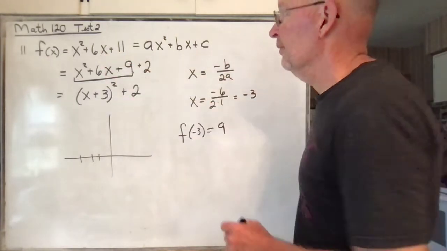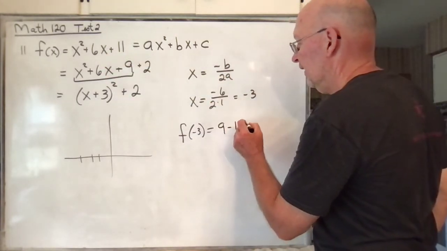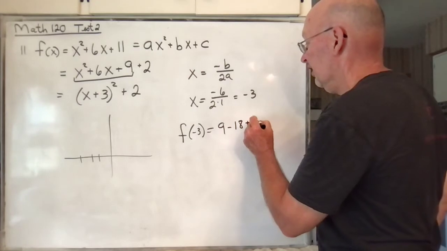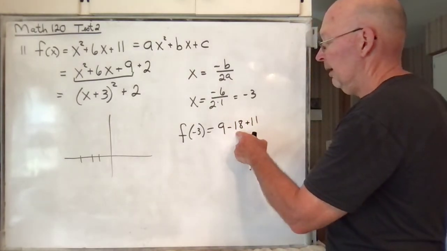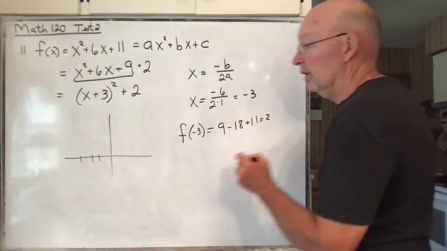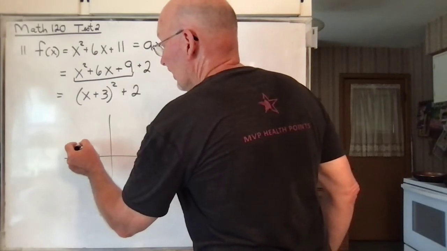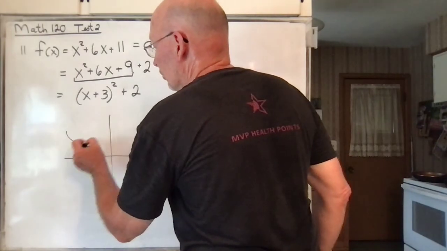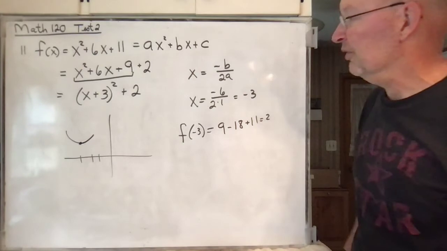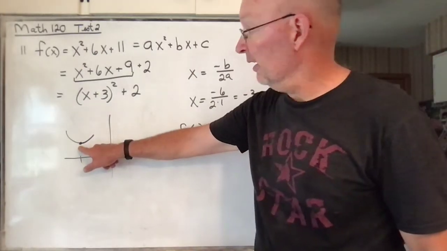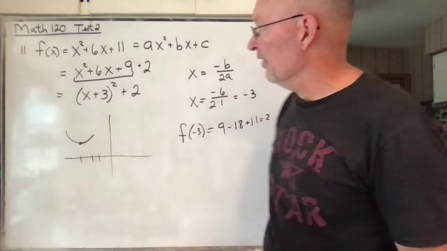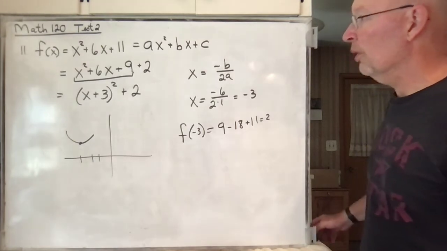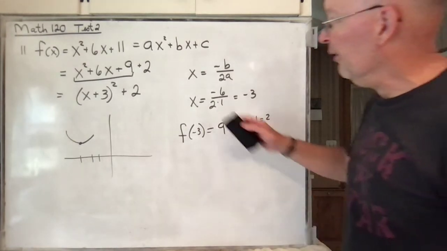Negative 3 times 6 is negative 18. And then plus 11 gives us 20 minus 18 is equal to 2. So that gave us the same vertex as we had before. It's just that we didn't do the completing the square. But you still know that the vertex is right there, and you still know that it opens up, and so there are no x-intercepts. So that's another way to do it.